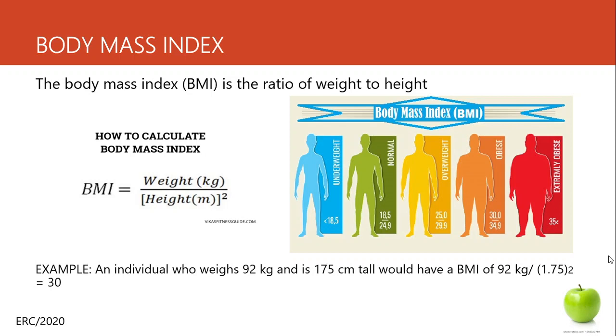For example, an individual who weighs 92 kilograms and is 175 centimeters tall would have a BMI of 92 kilograms over 1.75 to the power of 2. So the BMI is 30. The body weight and the height should be measured without shoes. Okay, take note of that.